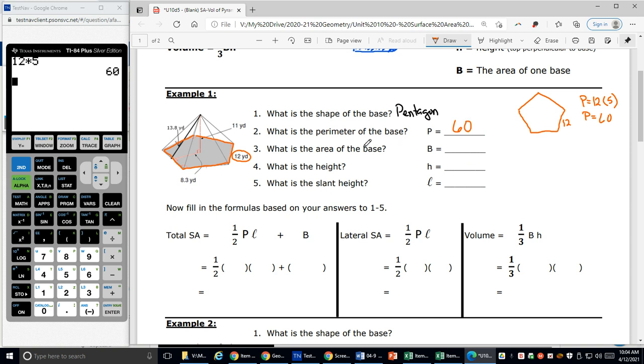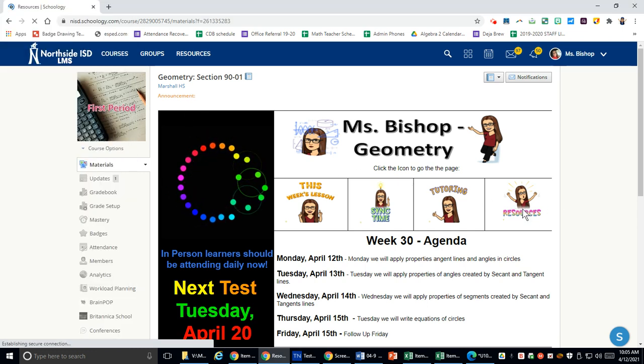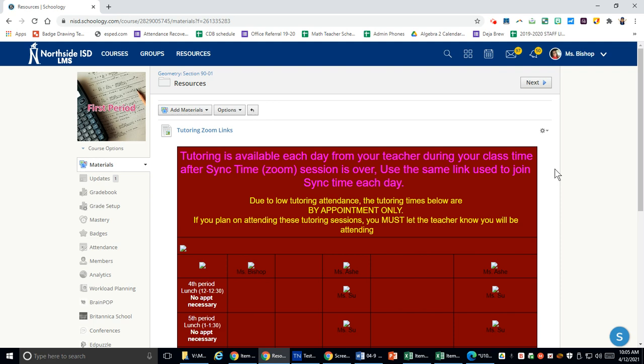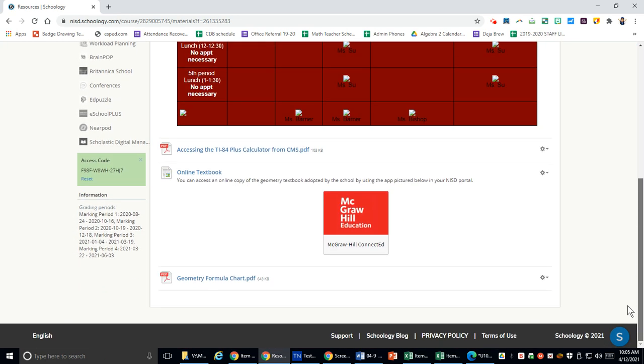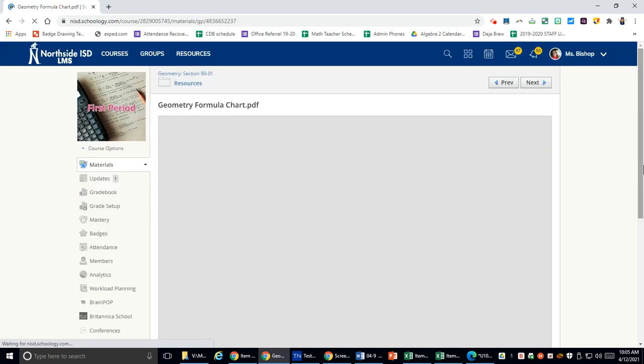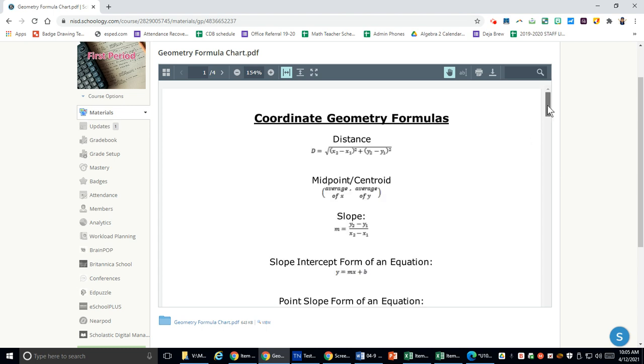Okay, the area of the base. It is a regular pentagon. So if I've forgotten that formula, I can always go back to Schoology, go to my resources tab, scroll down at the bottom, and I have my geometry formula chart. I can open that up and look for my regular polygon formula.